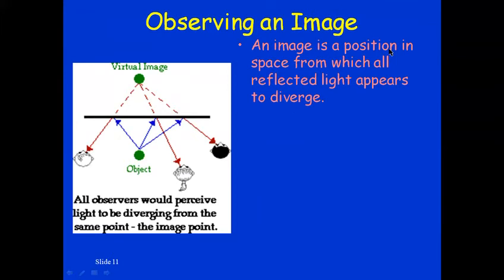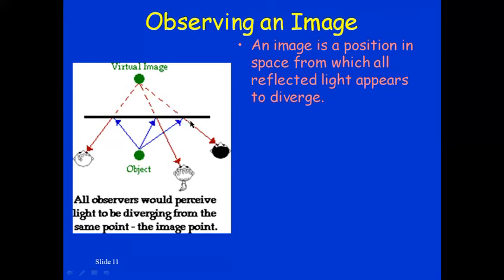So an image is a position in space from which all reflected light appears to diverge. The light is not actually moving from here, but it seems that the light is coming from this point. Actually, it is reflecting from the mirror and moving back to the eyes, like this one. Striking and moving back, reflecting.